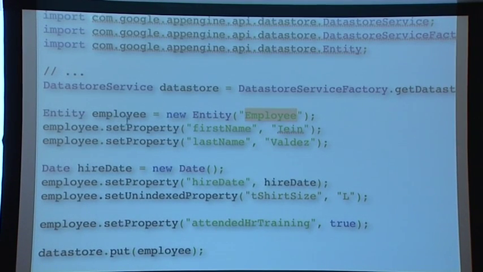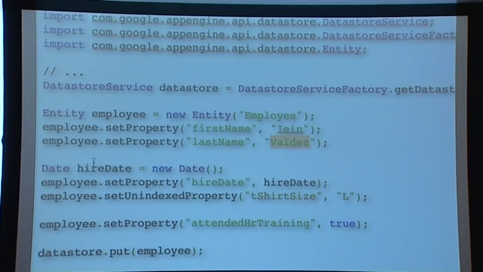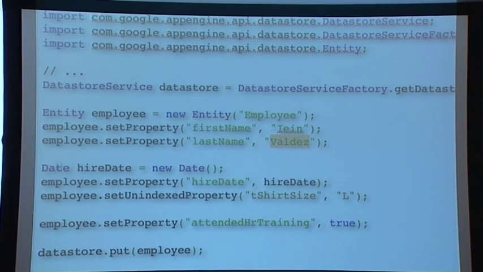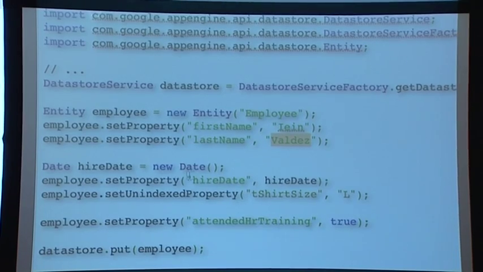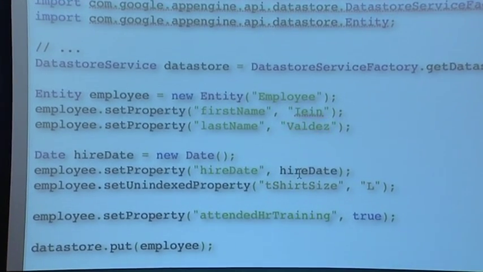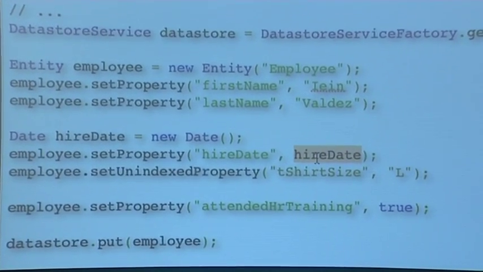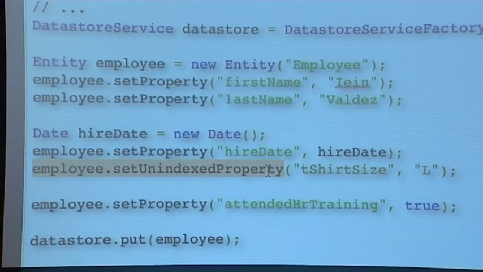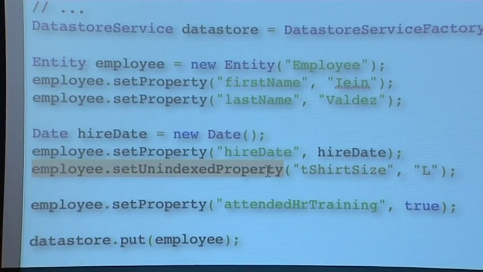Once we have it instantiated, we take that instance and we can add properties to it. First I'm adding a property called first name, and I put my name here, and last name here. So this is a string I'm writing. Then you can add other types within Java. Here I have a date, and I'm going to store a property called hire date. You can also have properties that are indexed and properties that are unindexed.